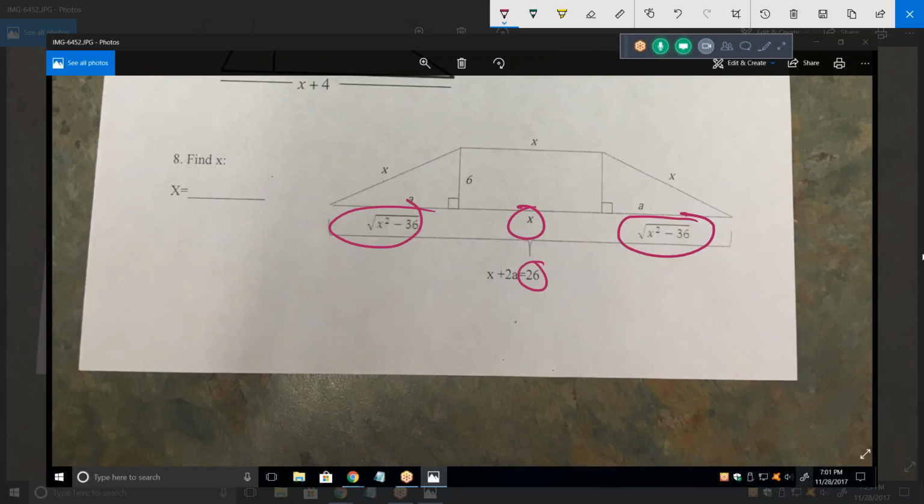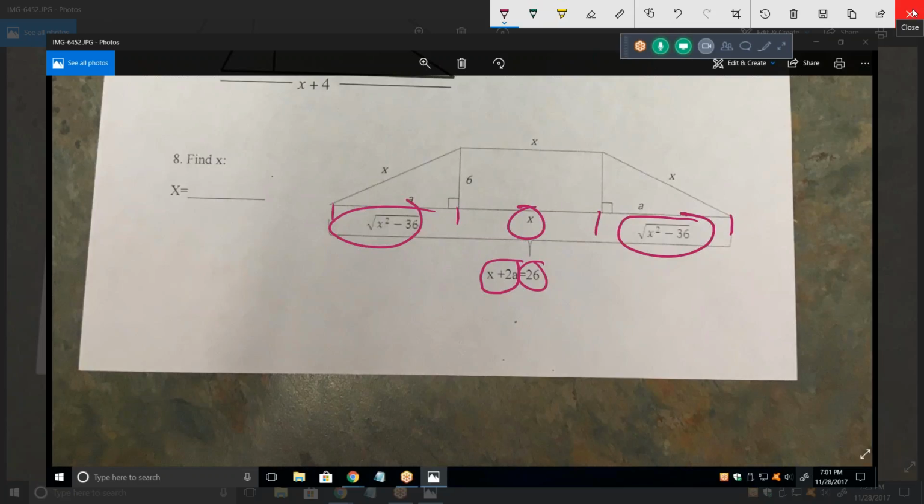In other words, x plus 2a is this length plus that length plus that length, and they've told us that's 26. Since I know what a is as a function of x, I can substitute it, and I end up with one equation and one variable. And you can always solve one equation and one variable.